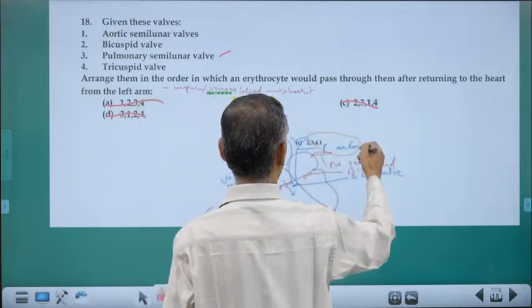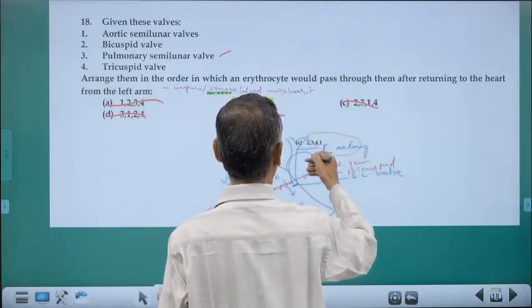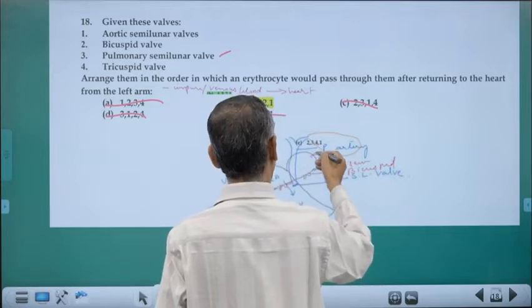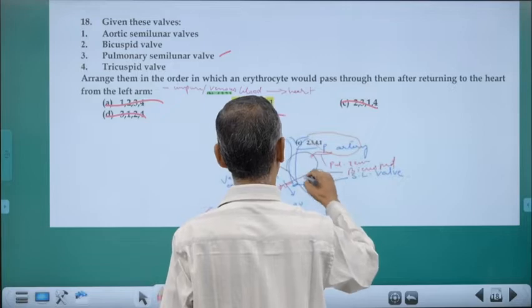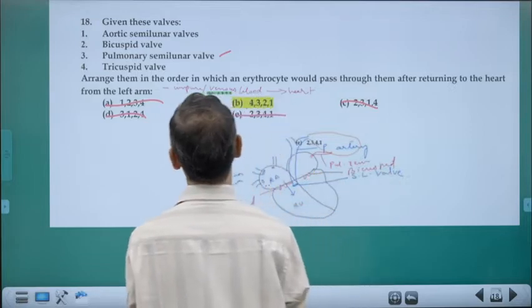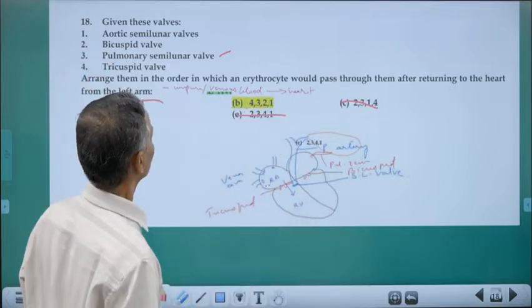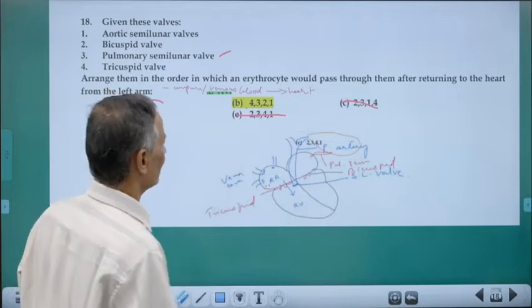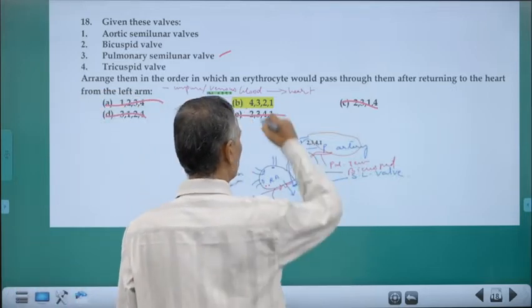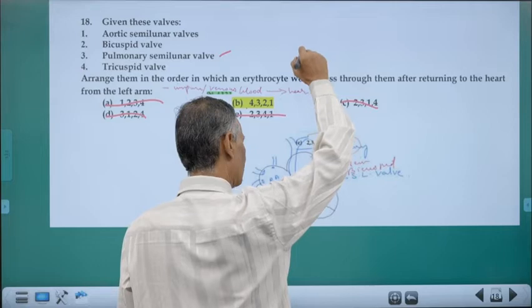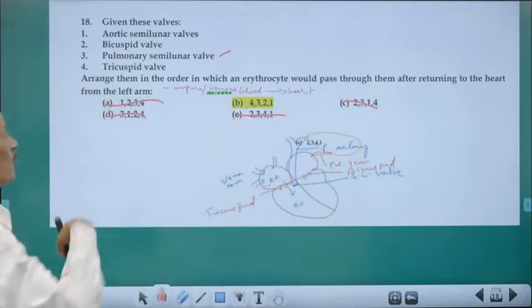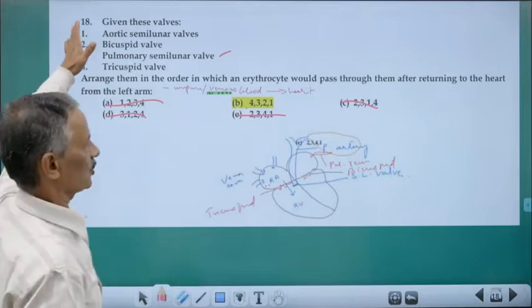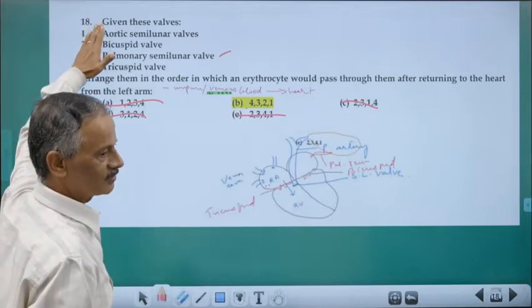After oxygenation, it is coming to the left atrium, and after reaching the left atrium, it reaches the left ventricle after passing through the bicuspid valve. Then from here, it is pumped to the arteries, and at the beginning of the artery, you are again having semilunar valves, the aortic semilunar valve. So that is the correct answer. Is that clear?